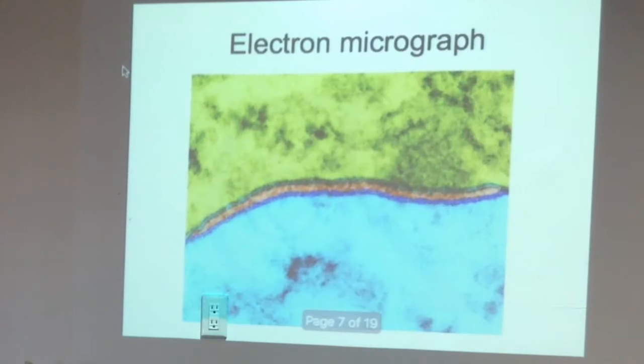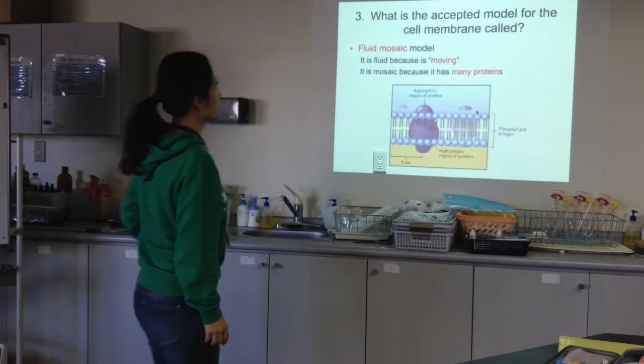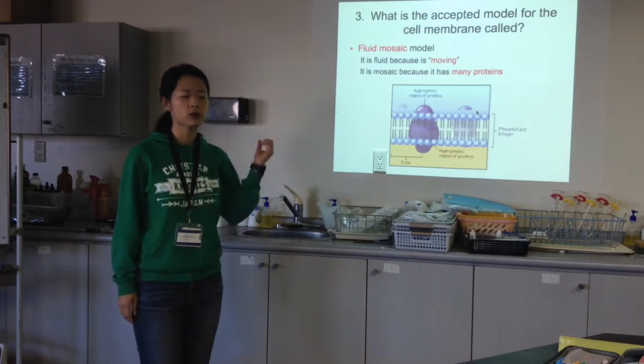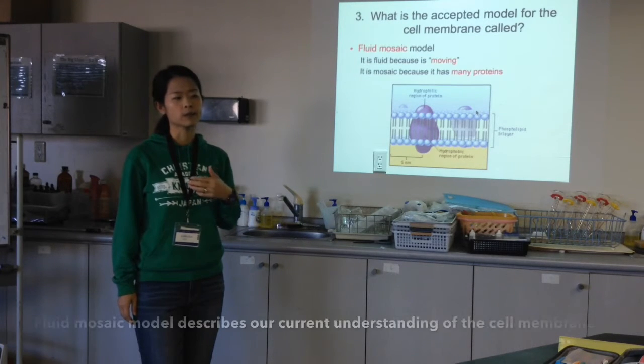All right, I'm going to move on to the next slide. Here is the image of a cell membrane from electron micrographs. Here, as you can see, the two lines represent a phospholipid bilayer. Okay. All right. The accepted model for the cell membrane is called the fluid mosaic model. As you saw in the video, it was presented by a group of scientists.